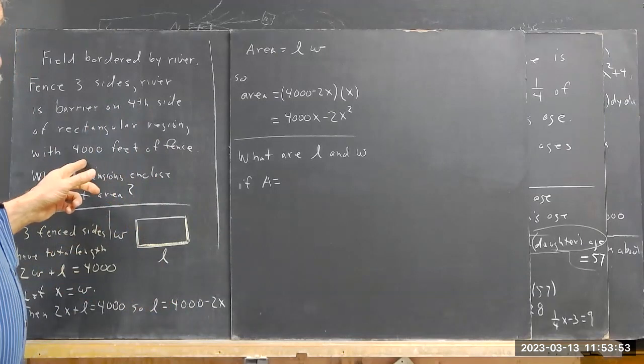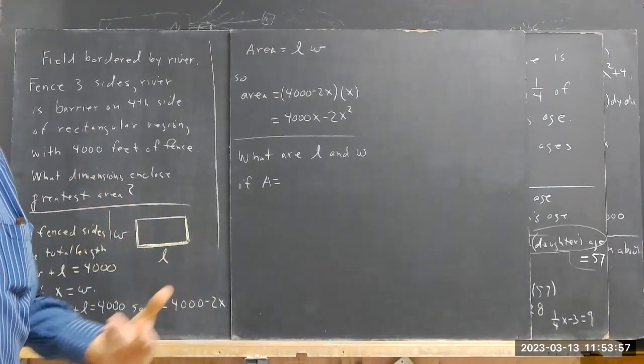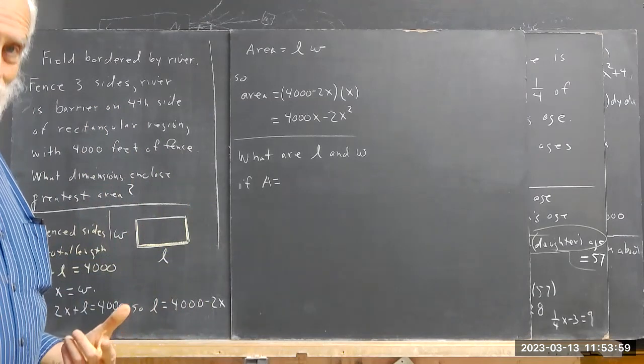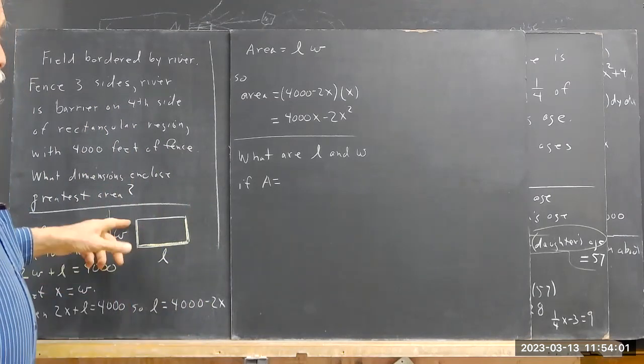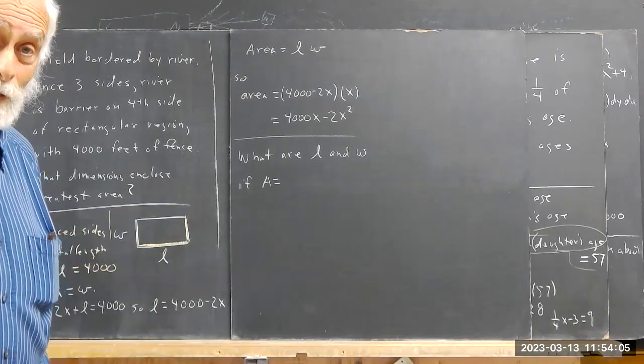And we put this into a square, it'd be 1,000 feet on the side, it'd be 1,000,000 square feet. Now, since we got the river, we can do more than 1,000,000 square feet. We're going to find that out.